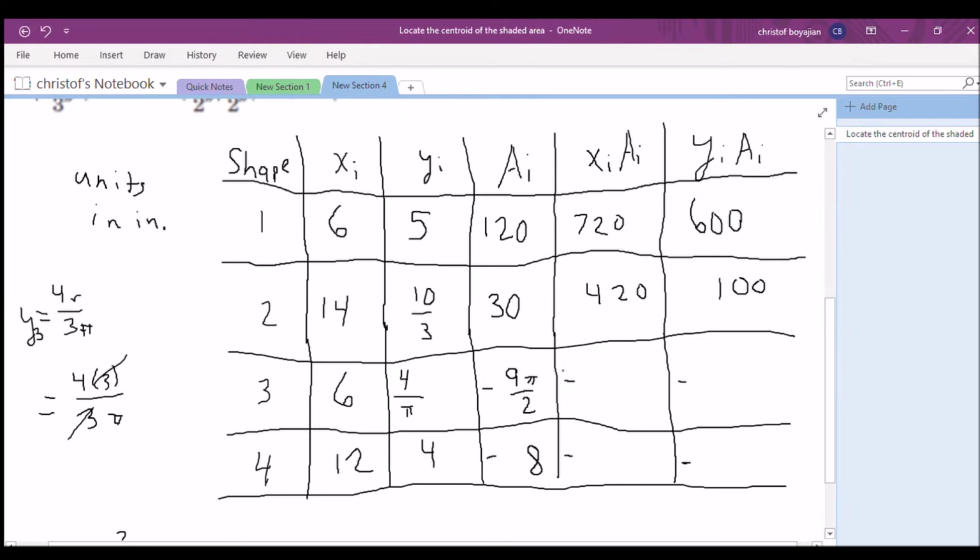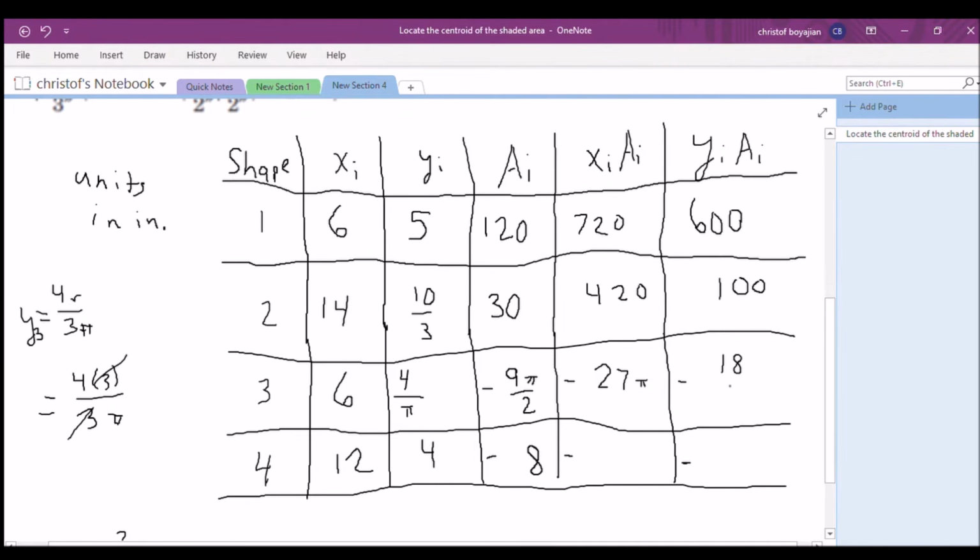So 6 times 9 pi over 2, that's going to be negative 27 pi. Now 4 over pi times negative 9 pi over 2. So the pi's cancel out. We get a 2 on the top, so it's negative 18, I think.